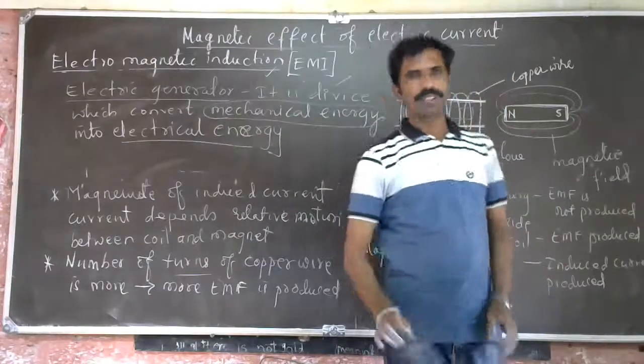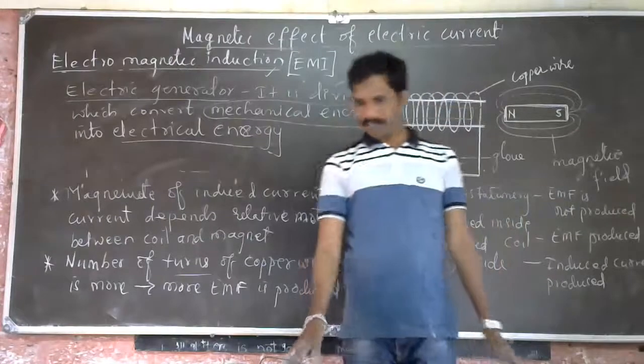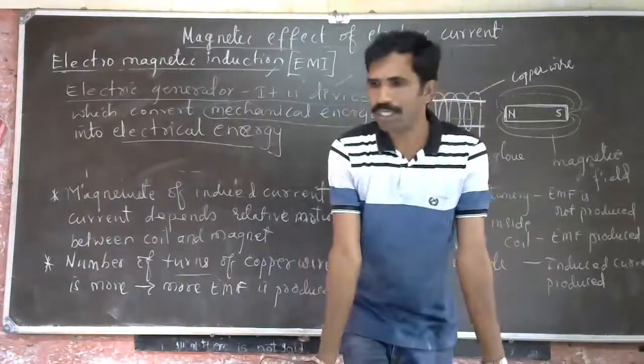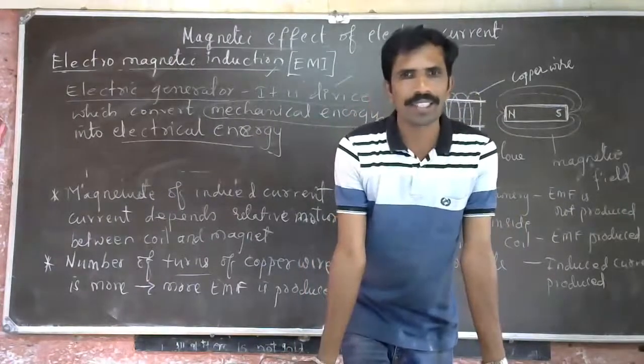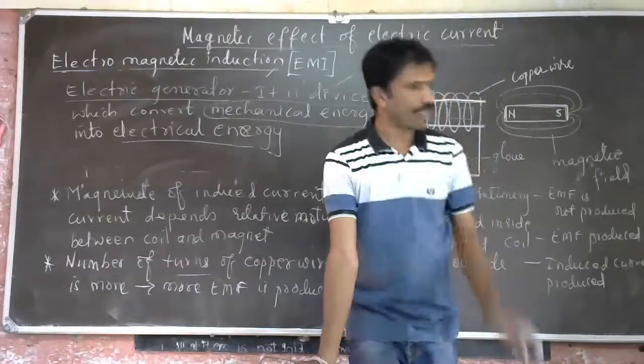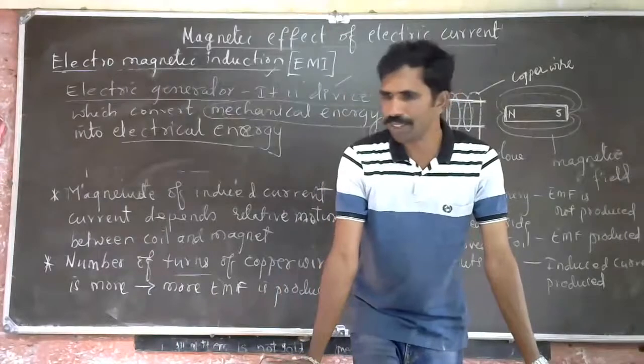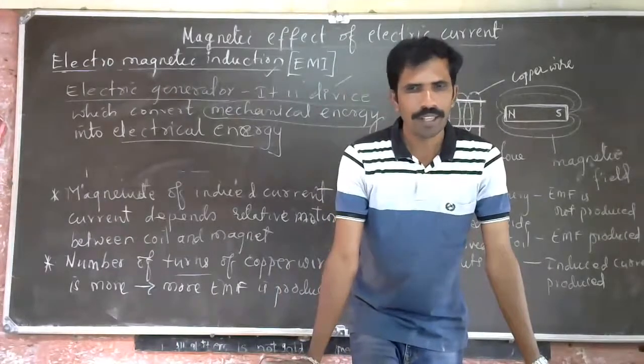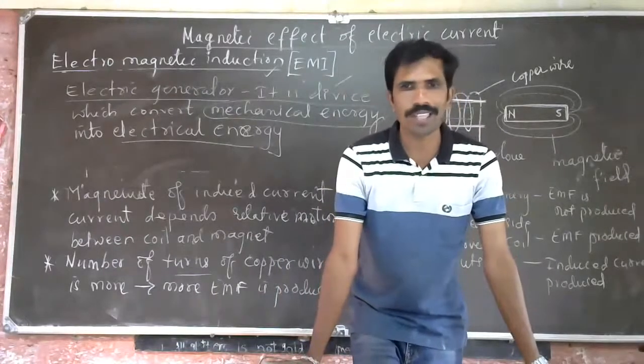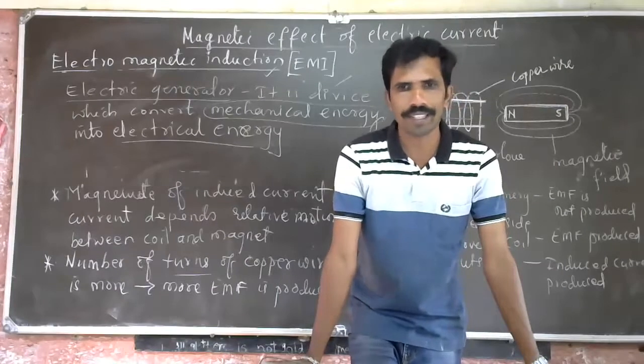Understood? So this is about electromagnetic induction. In the next class, we'll see the working of the electric generator. Is it clear? So this is the principle involved, and there is a rule to understand the working of the electric generator, that is Fleming's right-hand rule.